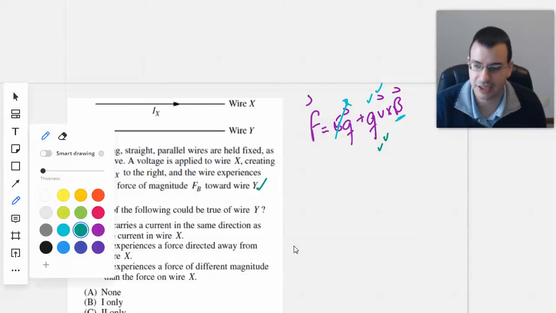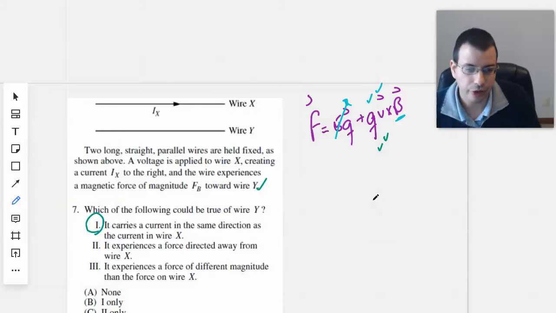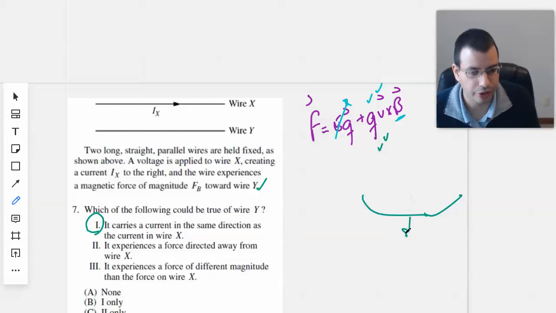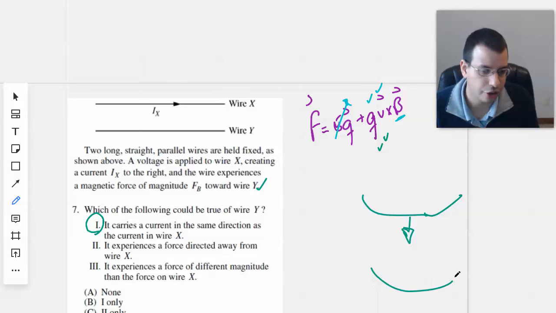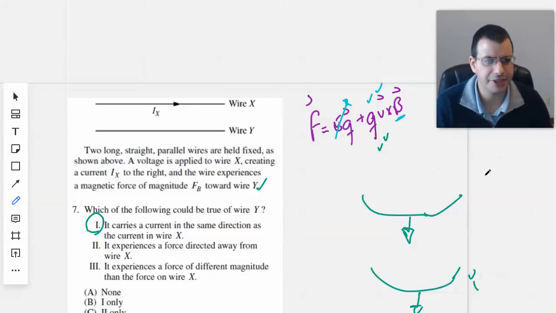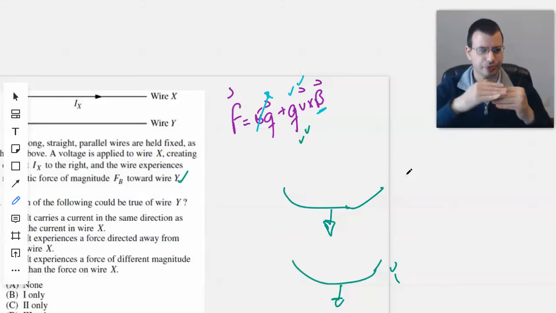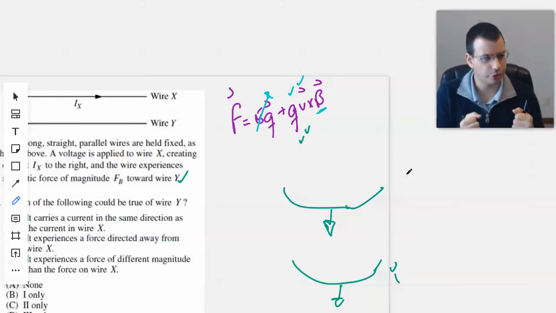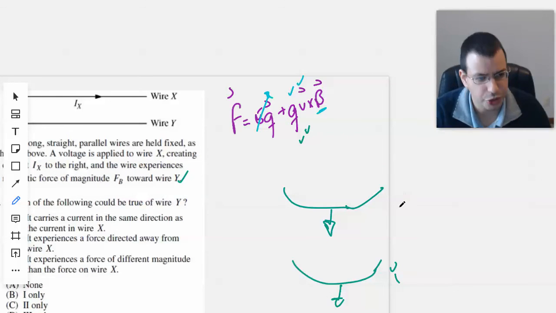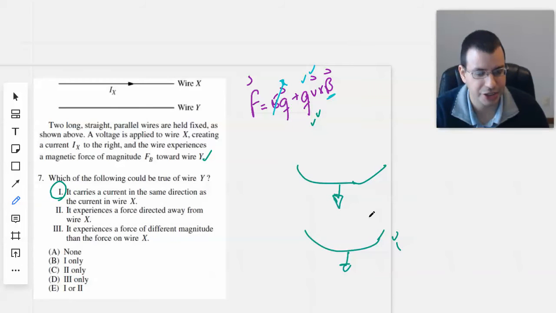So this is saying that you have a wire like this. This is wire X being pulled downward, and then you're going to have a wire Y also being pulled downward. That's not possible because if you're pulling something, you're going to be pulled towards it. Think one of Newton's laws, equal and opposite reaction.